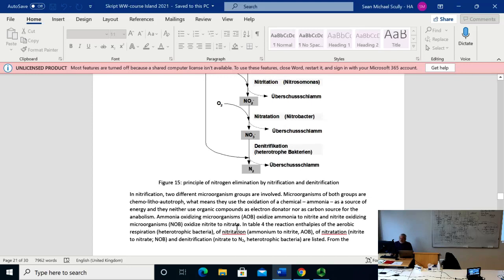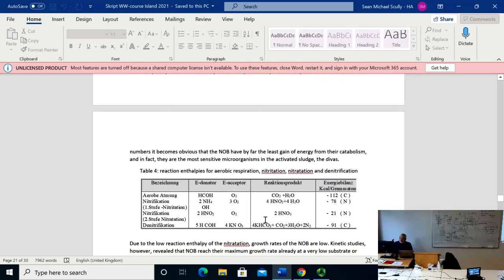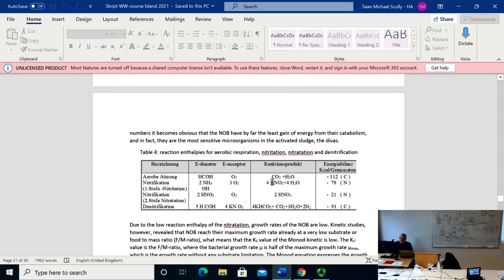They oxidize nitrite to nitrate. In table 4 we have the reaction enthalpies of all these bacteria. We might look at it right away. And what you see is the aerobic respiration with 112 is the maximum you can get. The nitritation with 78 is not that much less, about 75% of it, a little bit less.